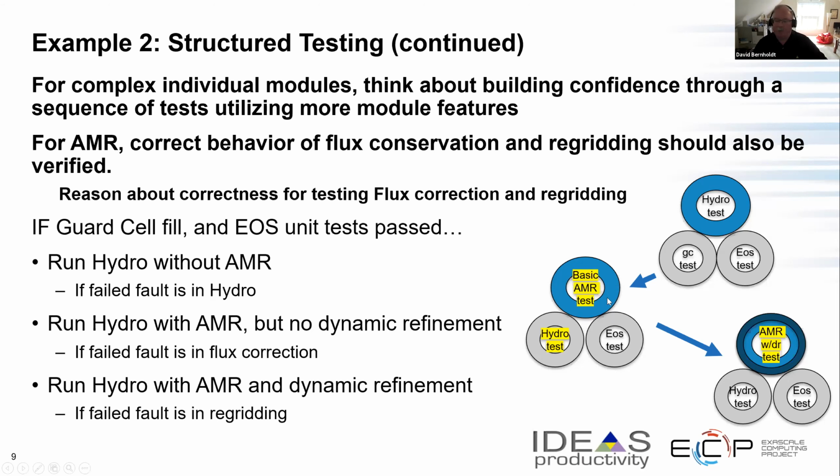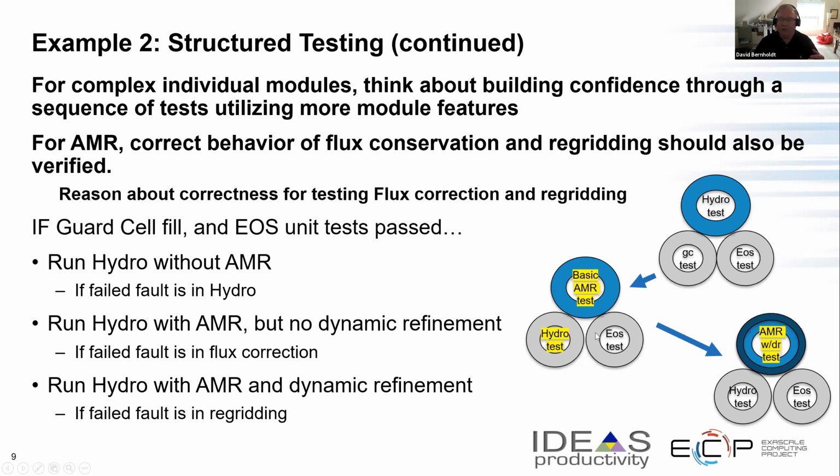But then we want to turn on the dynamic refinement capabilities in the AMR. And that gives us an additional layer of testing in the AMR. We've already gained some confidence in the Hydro and the equation of state, so we can build this up, right?